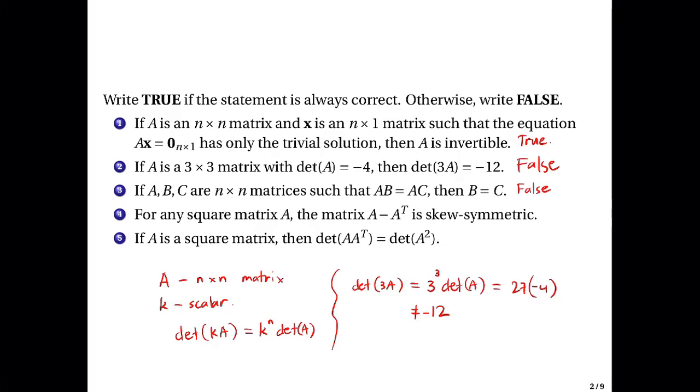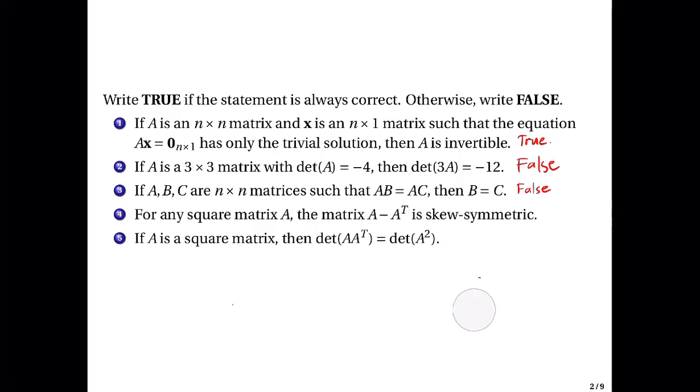For number 4, for any square matrix A, the matrix A minus A transpose is skew symmetric. Let us calculate that one. We have a square matrix A, and we want to know whether A minus A transpose is skew symmetric.